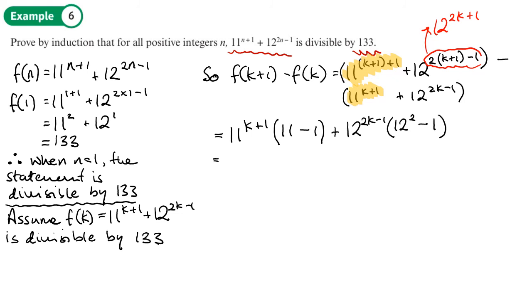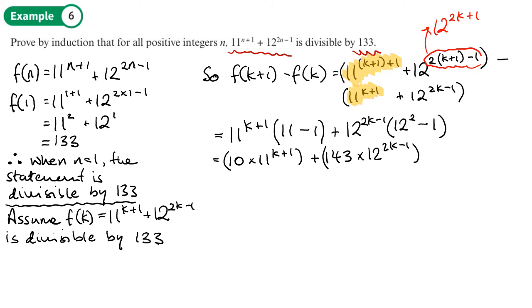So this becomes 10 lots of 11 to the power k plus 1 there, and then plus, now we've got basically 144 minus 1, which is 143, times 12 to the power 2k minus 1.